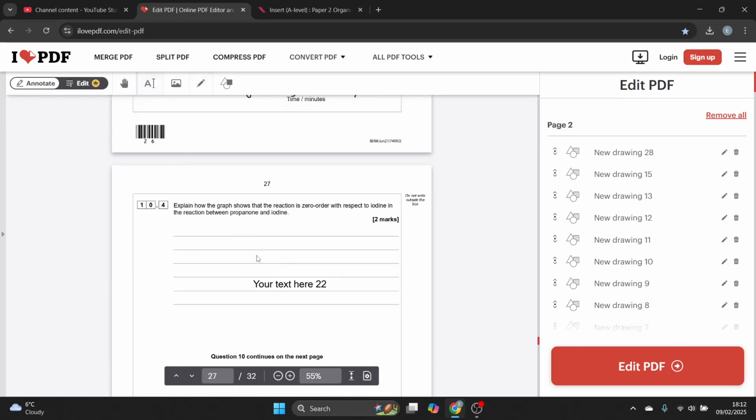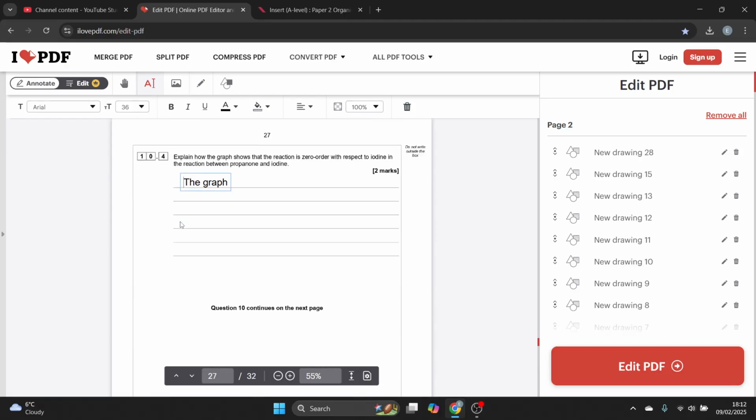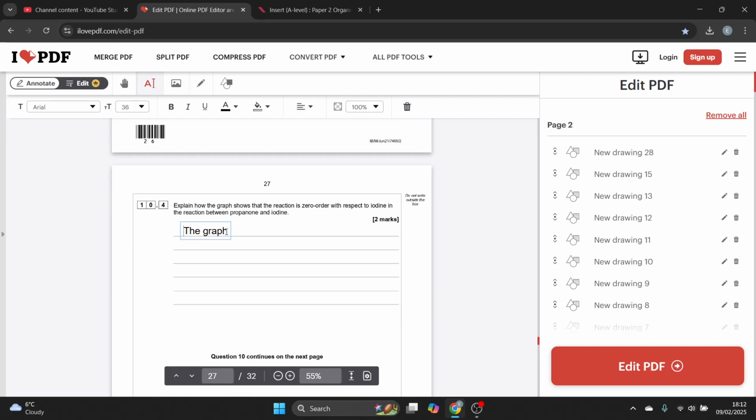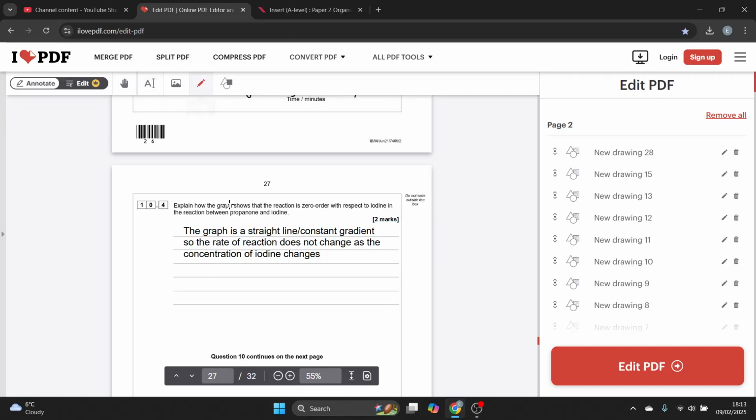Explain how the graph shows the reaction is zero order with respect to iodine, in the reaction between propanone and iodine. Firstly, state the obvious: the graph is a straight line, so it has a constant gradient.